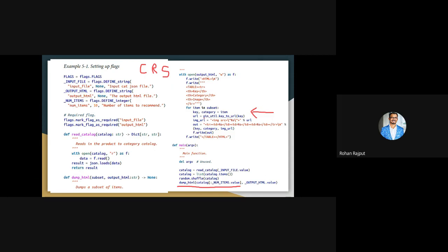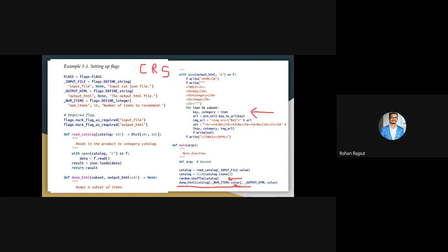Our ranker, we don't have any ranker because we are just randomly selecting our output. So here we are just selecting random items from the catalog, and in the server we actually put a cap on the maximum number of content items we need as an output, right?